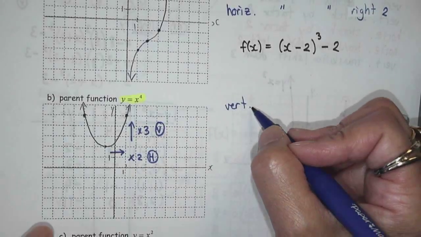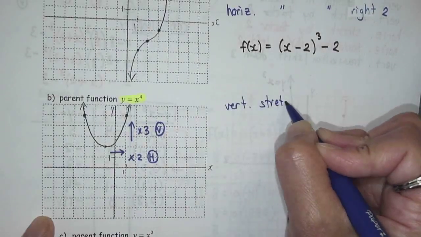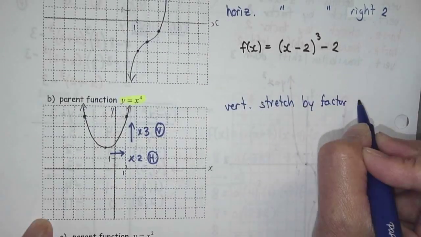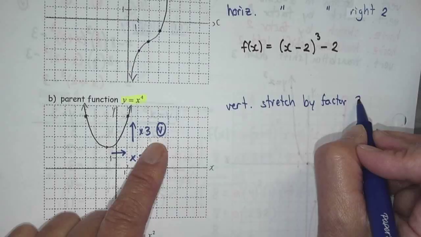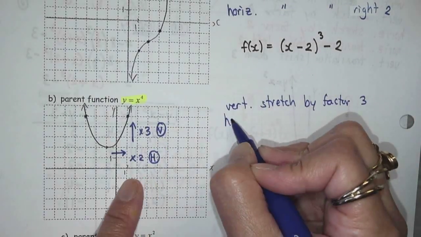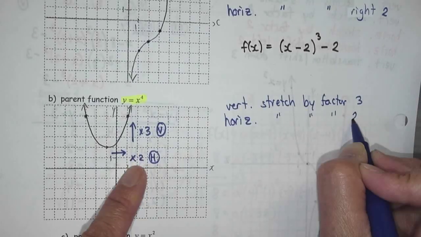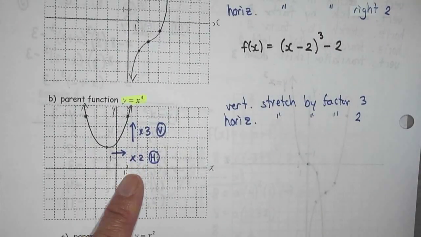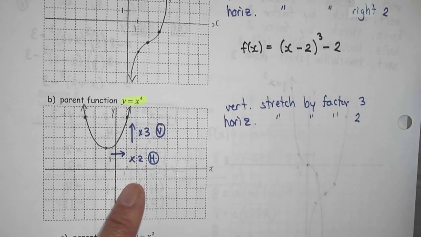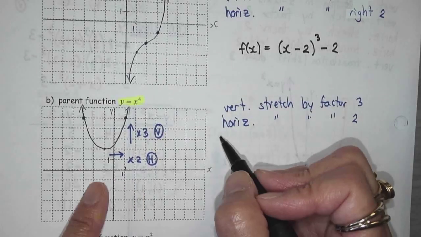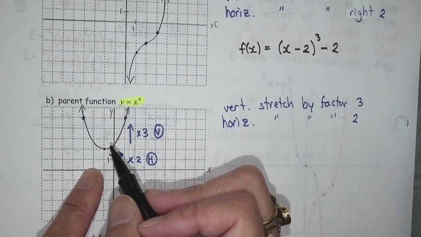So we're going to say a vertical stretch by a factor of 3, and a horizontal stretch by a factor of 2. You can use the little tick marks if you want. Okay, so that's my stretch. I'm going to do my shift or translation.